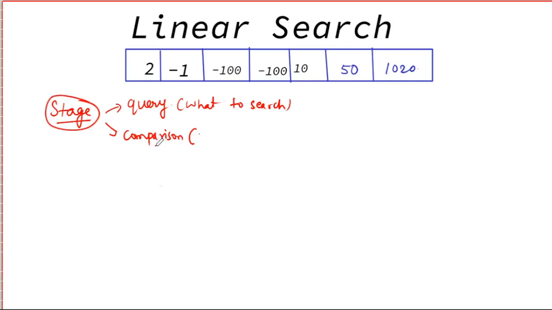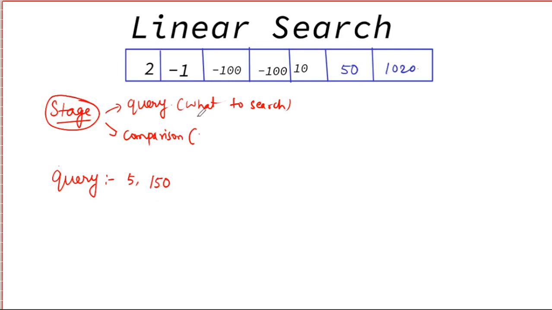And how this idea is explored in linear search or any search algorithm is to be looked at. Linear search basically means you ask a query, like what to search. The query for this set of numbers, let's say, is 5. Another query can be to figure out whether 15 or 150 is present in the set of numbers.